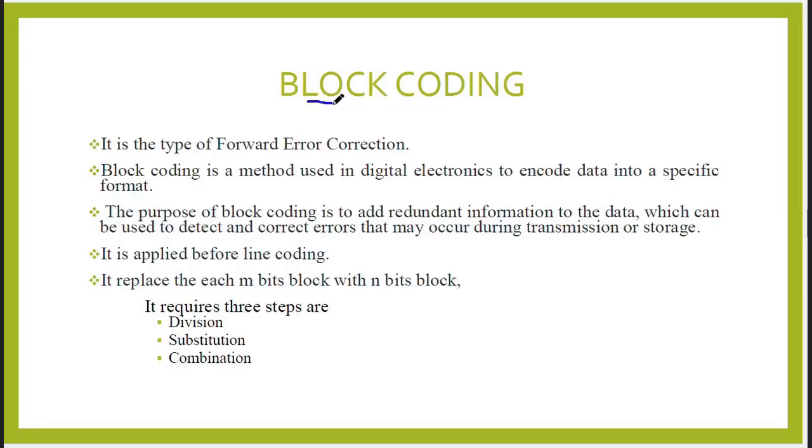Now let's see about block coding. It is a type of forward error correction. Block coding is a method used in digital electronics to encode data into a specific format. The purpose of block coding is to add redundant information to the data, which can be used to detect and correct errors that may occur during transmission or storage.